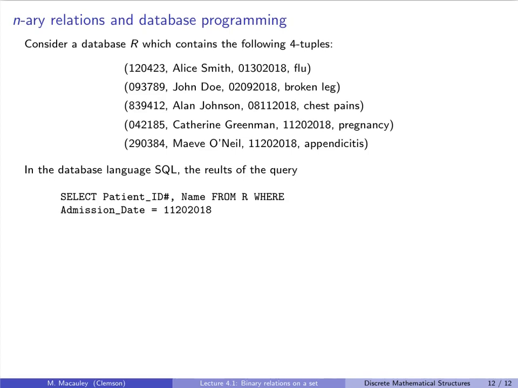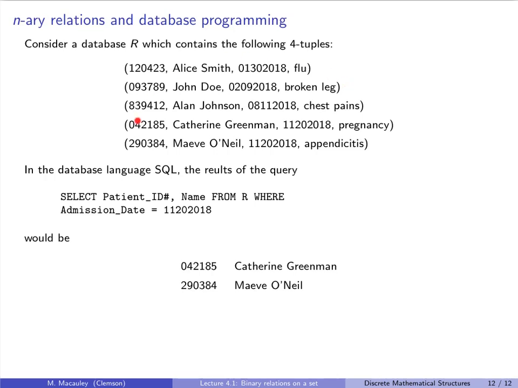In the database language SQL, sometimes pronounced "sequel," the results of a query like this: select patient ID number, name from R, where admission date equals 11/20/2018 would be the following.